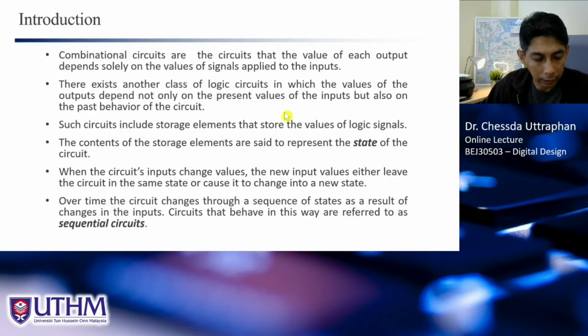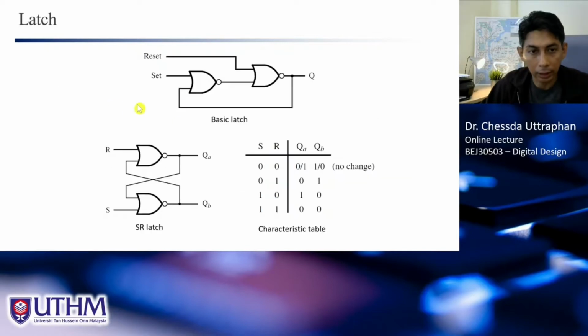So this is the explanation of what is sequential circuit. Just like I said, the sequential circuit is the circuit in which the value of the output depends not only on the present value of the input, but also on the past behavior of the circuit.